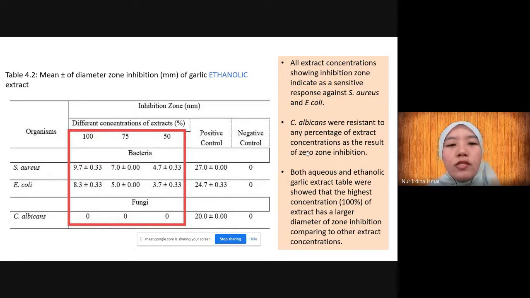And the comparison for both tables: both the aqueous and ethanolic garlic extract tables show that the highest concentration, which is 100% of the extract, has a larger diameter of zone of inhibition compared to other extract concentrations.